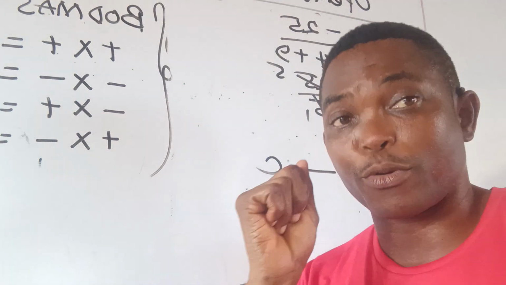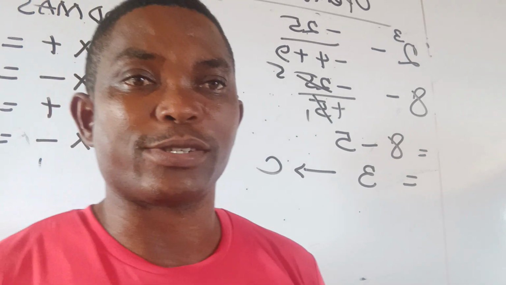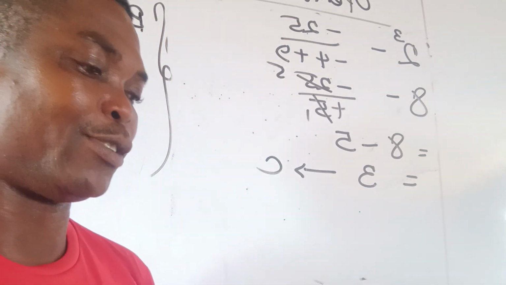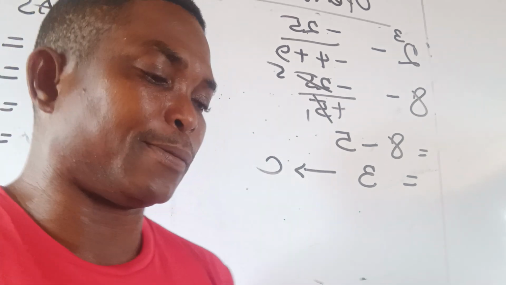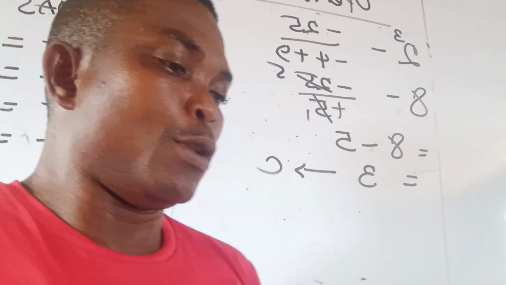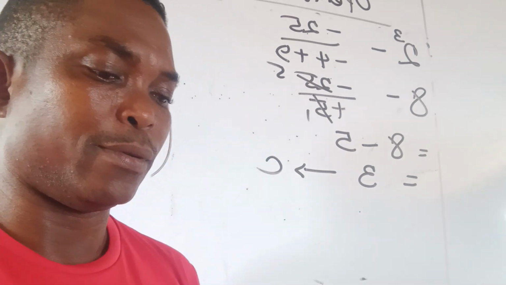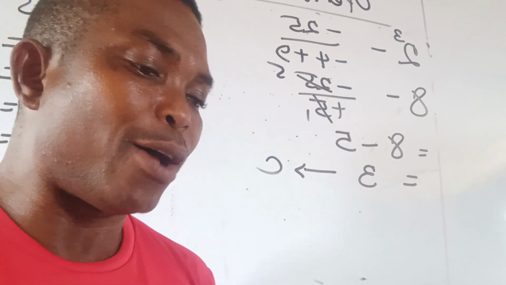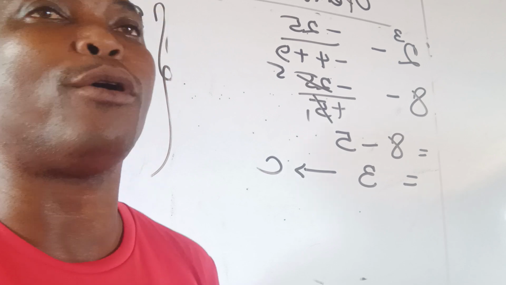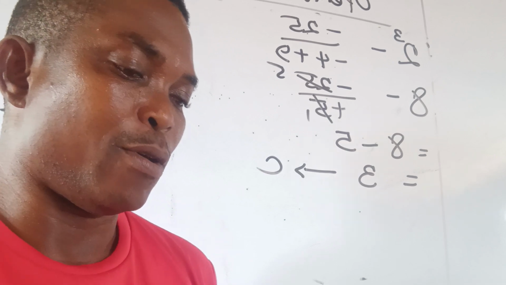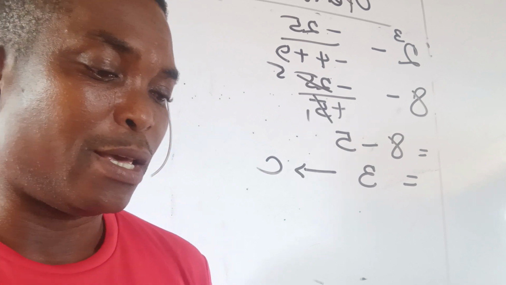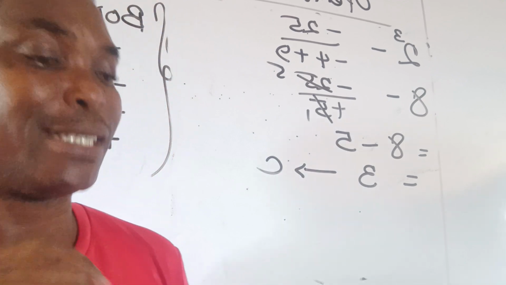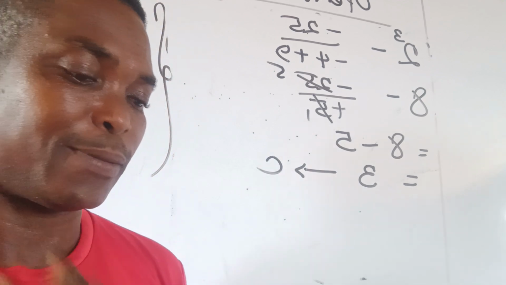Question 7 is like a word problem. Let me read it out. The lowest elevation of a desert is 250 feet below the sea level. The highest elevation is 1,000 feet above the sea level. We're now being asked to find the difference in height between the highest and the lowest point.